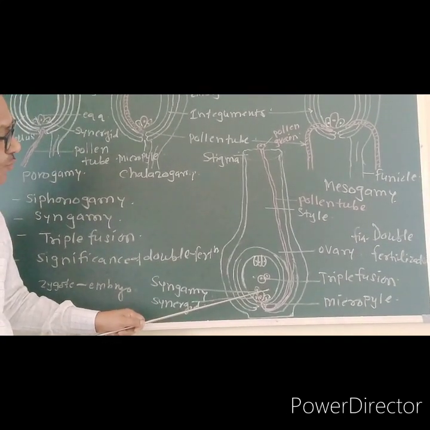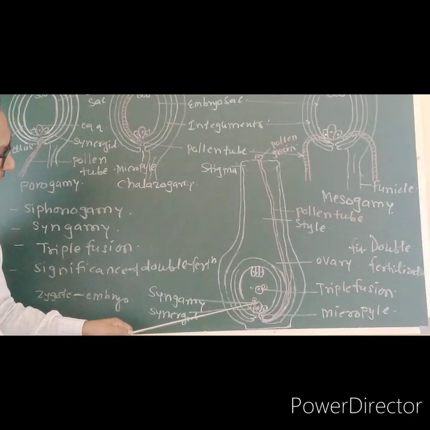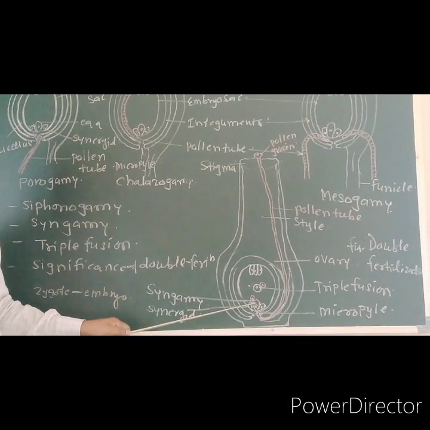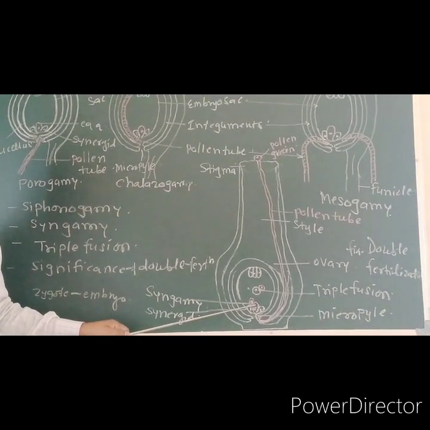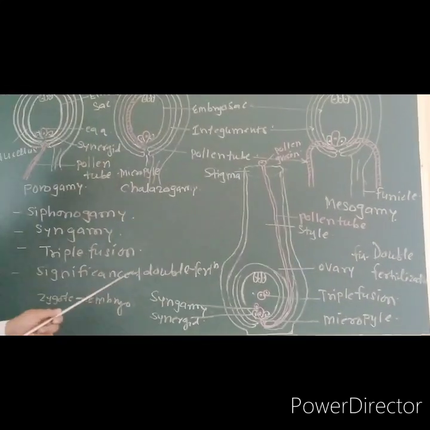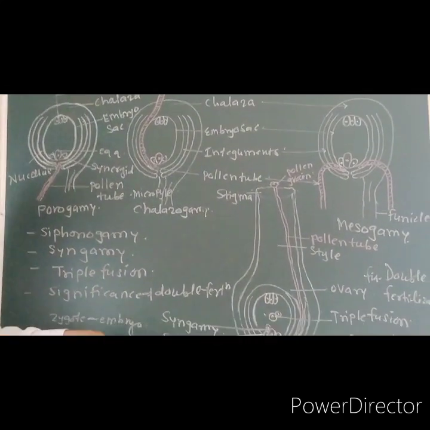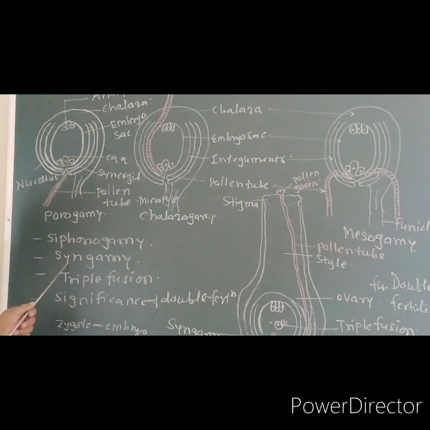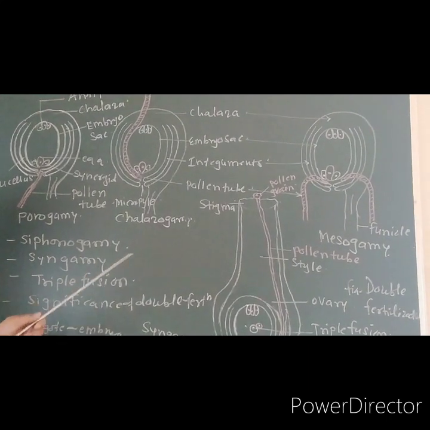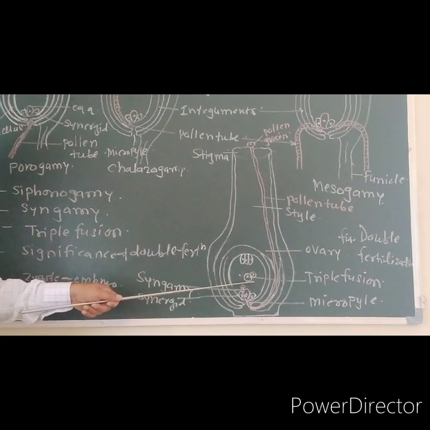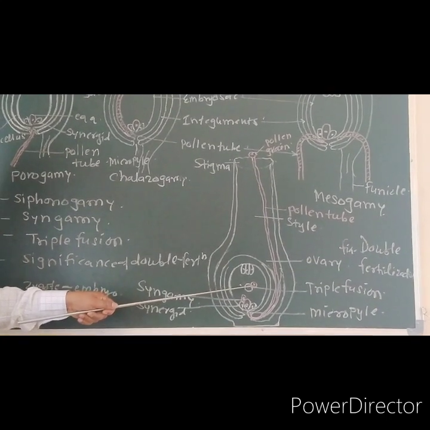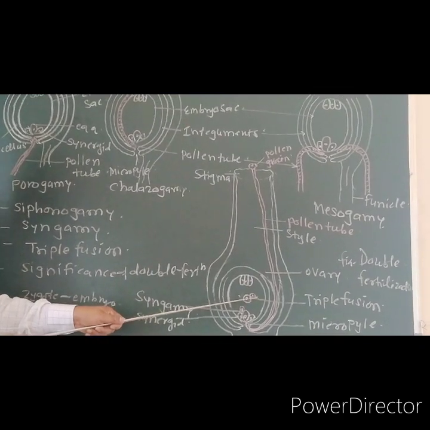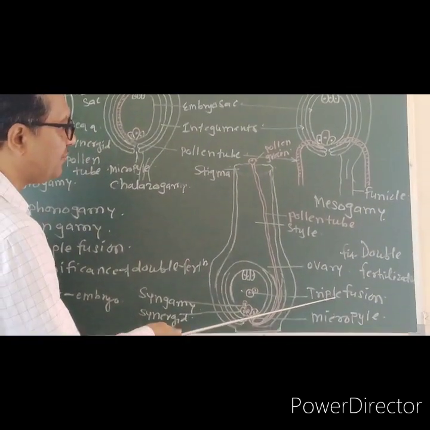Out of these two male gametes, one male gamete fuses with the egg. Such fusion of one male gamete with the egg is known as syngamy. Now the second male gamete fuses with the secondary nucleus. It is known as triple fusion.